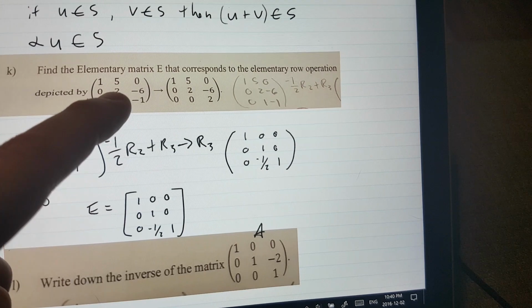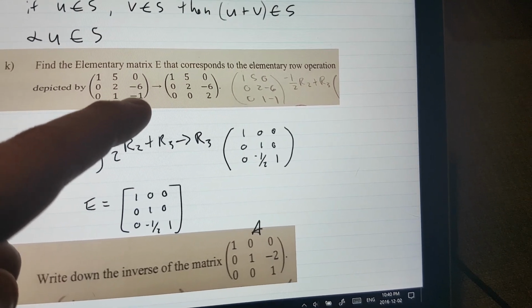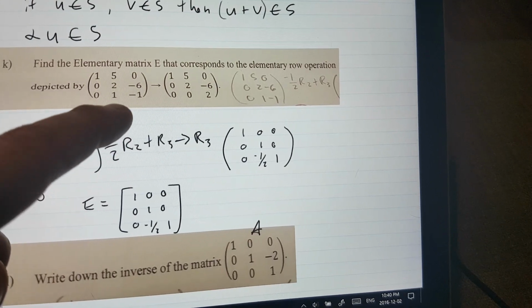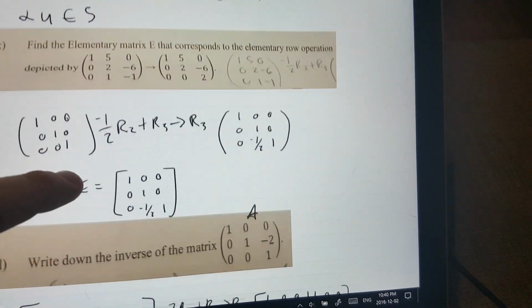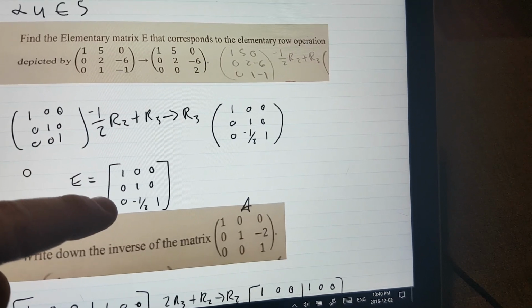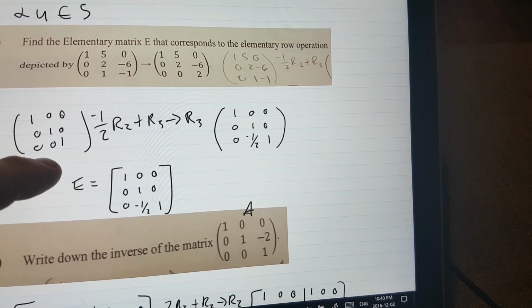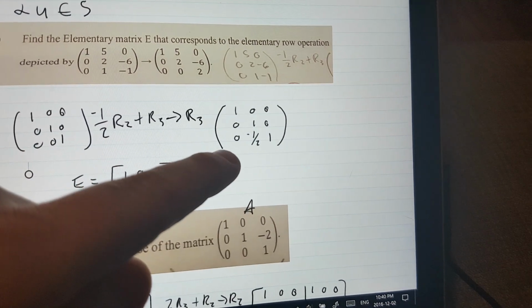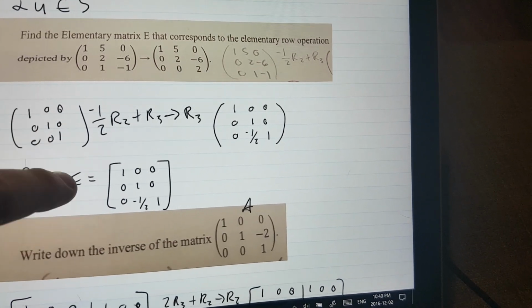So negative 1 and 3 becomes 3, and then you add those to the bottom row. You're going to get that. So that can be represented by multiplying. You just apply that transformation to your identity matrix, and you get this matrix on the other side. That is the elementary matrix.